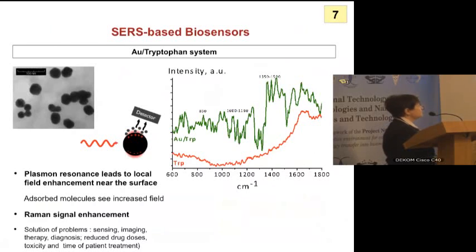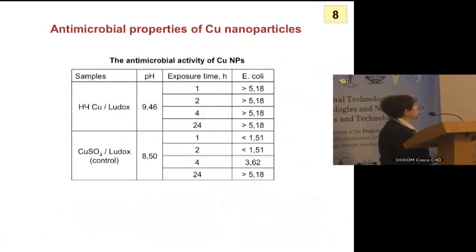We have this data to characterize this picture. I have a lack of time. Okay, and time of patient treatment.